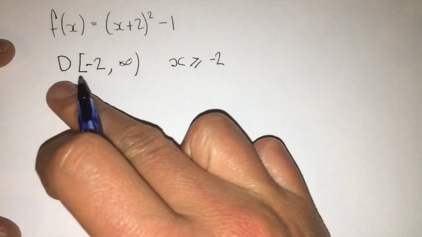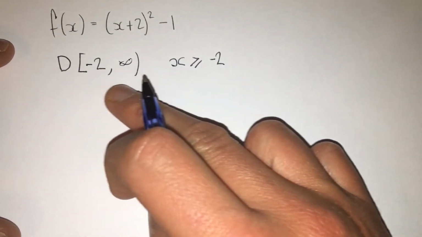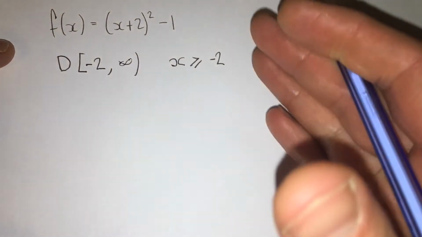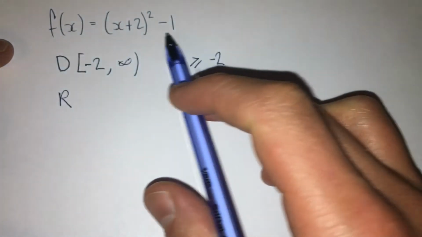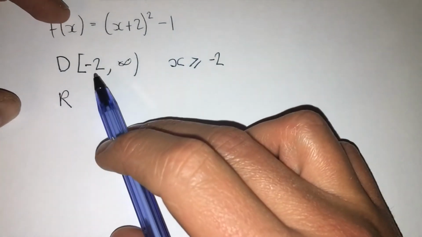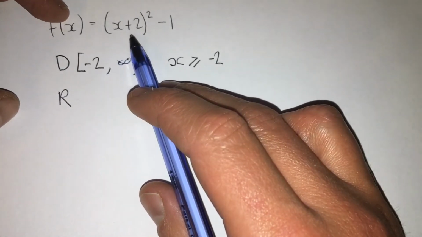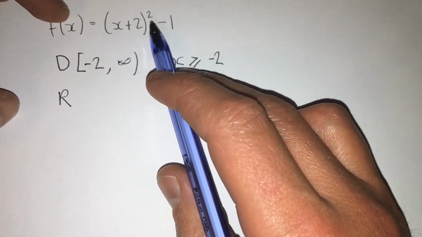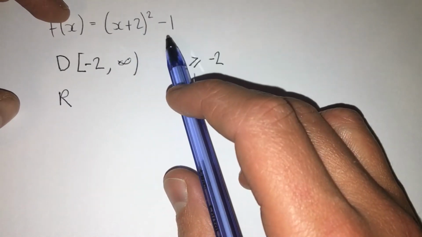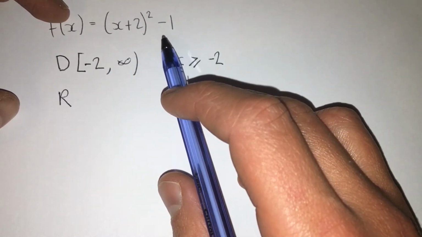Well, if that's the domain, if they're the numbers that can go into the function, what is the range? Well, the range is what comes out. So if we put negative 2 in here, we get negative 2 plus 2 is 0. Square it, you still get 0. Take away 1, so negative 1 will come out.